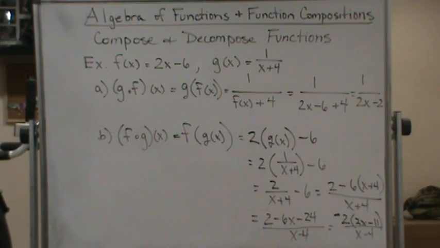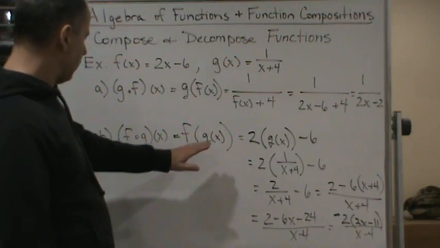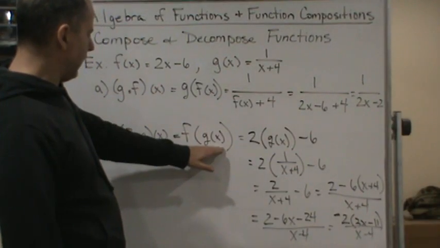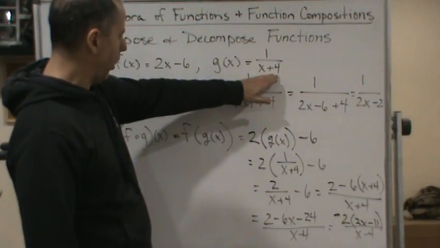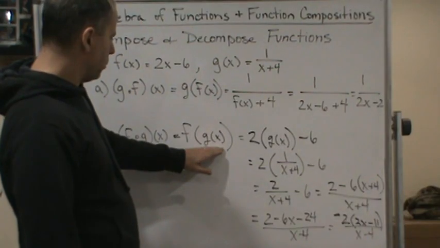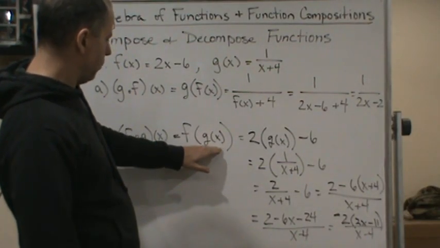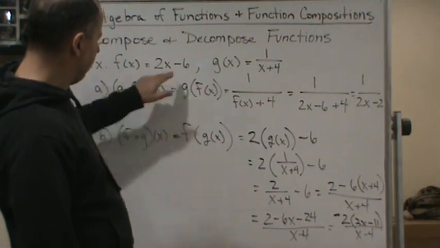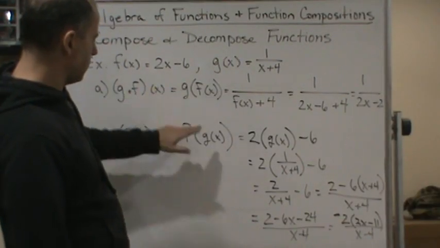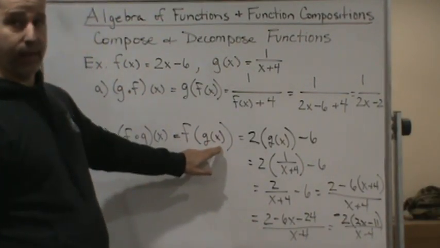Okay? So again, looking at the composition, g has a restriction of 4. Can't have 4, right? So 4 cannot go into the domain of f, even though f has all real numbers. It's restricted also by the domain of g.